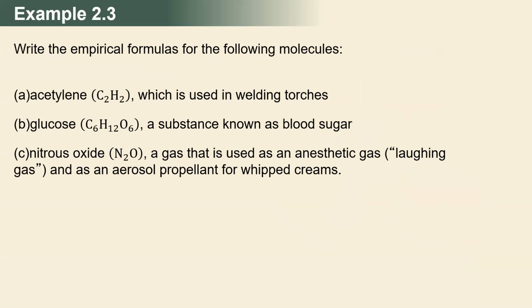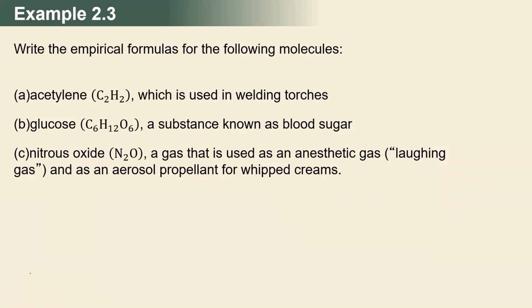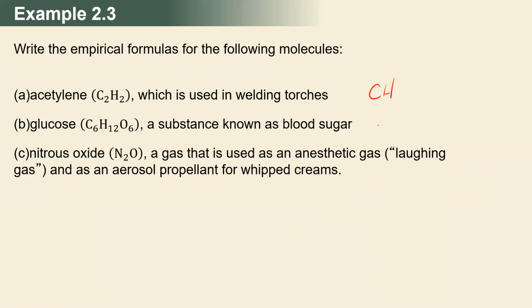One more example, empirical formula for these molecules. Acetylene, C2H2. Who's got an idea what that empirical formula might be? CH. Just CH, absolutely. C6H12O6, we already did that one. CH2O.